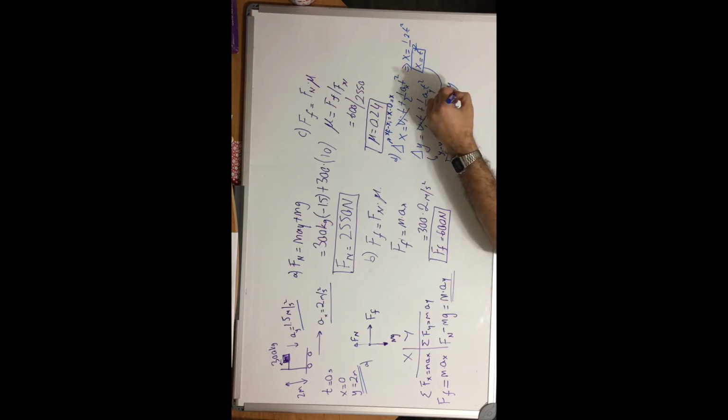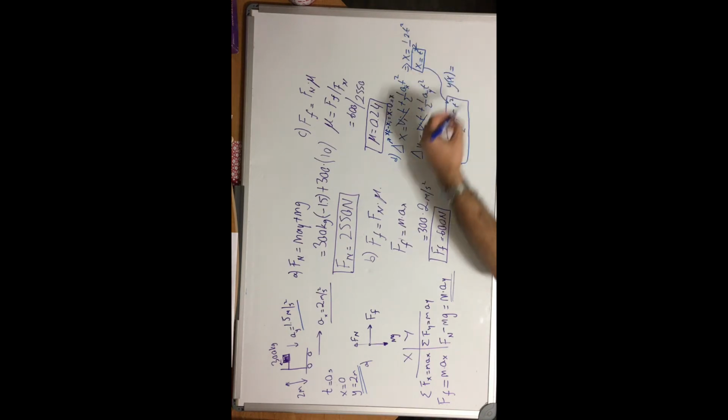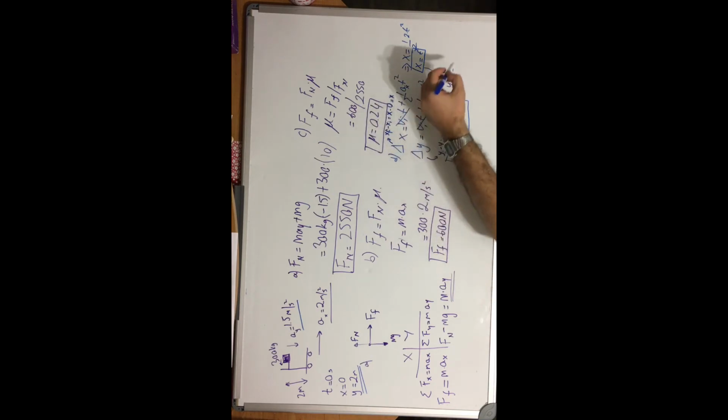Then your y as a function of x will become, 1.5 divided by 2 is 0.75, and then that 2 will go to the other side as positive 2.